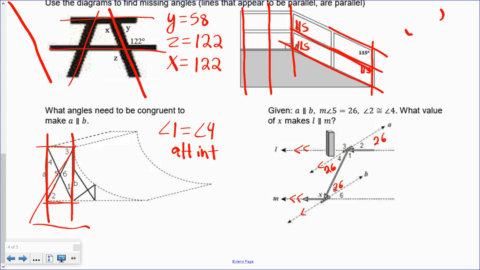Angle 3 and angle 2 are a linear pair, so I could find angle 3. Is it 118? No, it's not. It's 154? Angle 3, because it's a linear pair with angle 2.